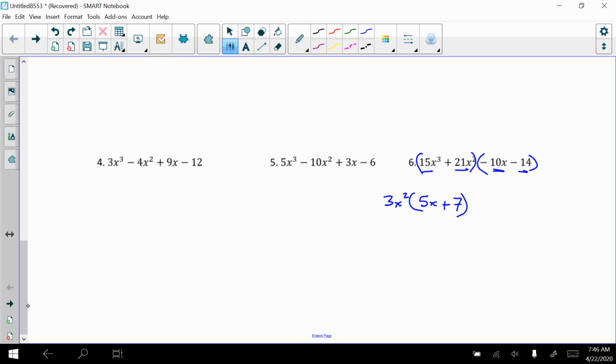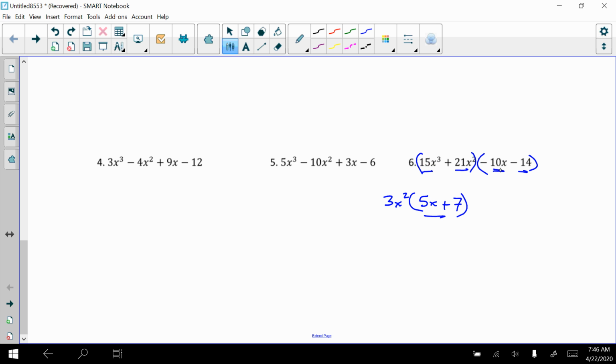So that means that after I factor something out of this, I want it to match 5x plus 7. Okay, I'm trying to get this to match 5x plus 7 by pulling out a GCF. So let's just think about that for a minute. Both of these things are negative, but both of these things are positive. So that means I'm going to have to factor a negative out of this in order to make them positive. So I know whatever I pull out of this needs to be negative.